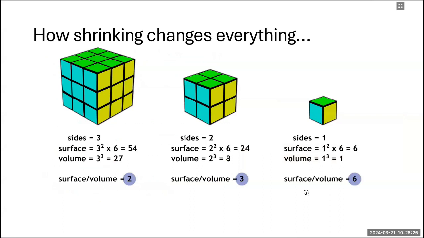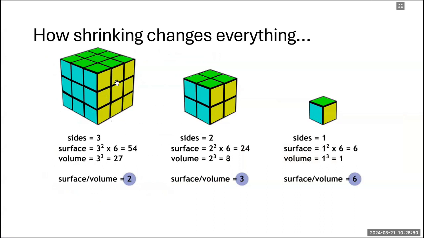Now I will talk about how the shrinking changes everything. For example, if you see a big cube like this, there are 9 blocks on every face. There are 3 blocks on a side, so in total there are 54 surfaces, and the volume is 27.